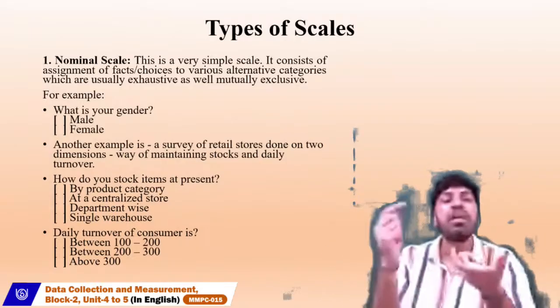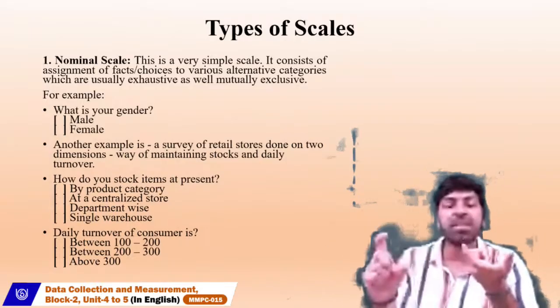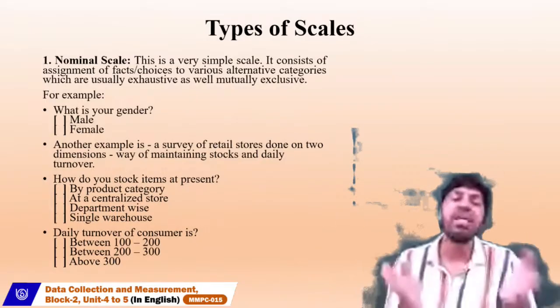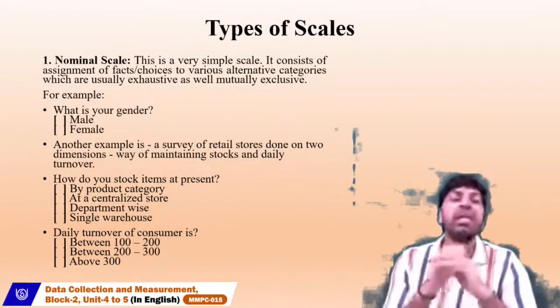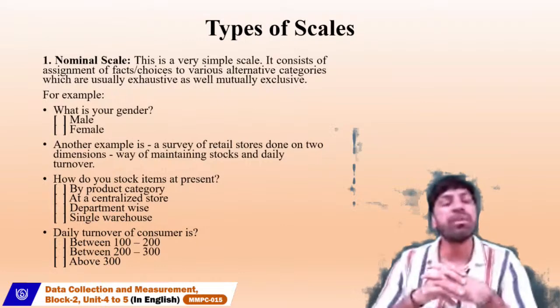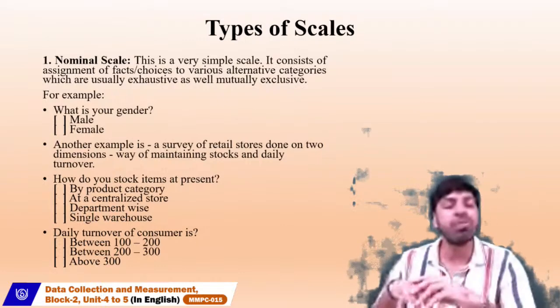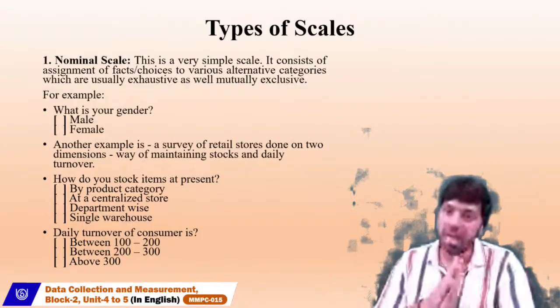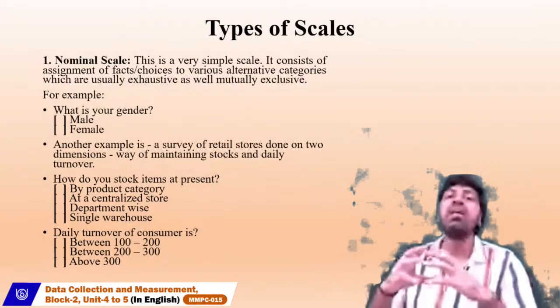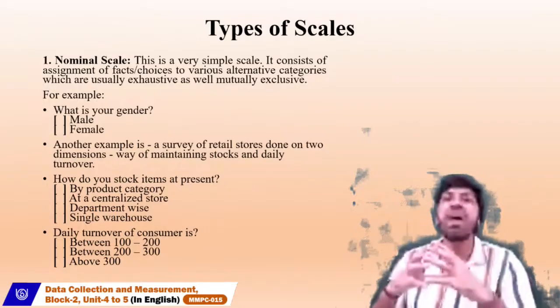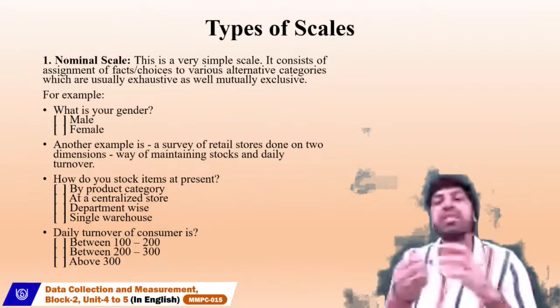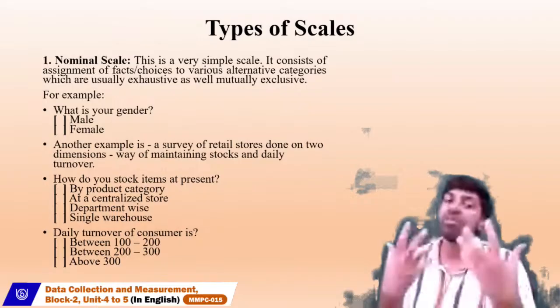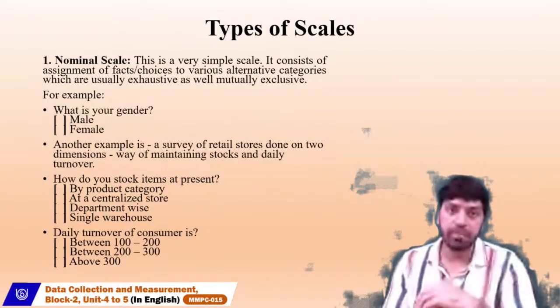Daily turnover of consumers is between 100 to 200, 200 to 300, or above. These are the categories we have decided. And when we assign any fact to various alternative categories, that is called a nominal scale.